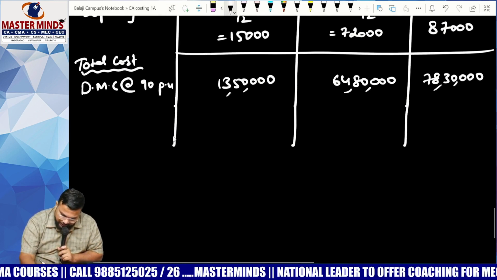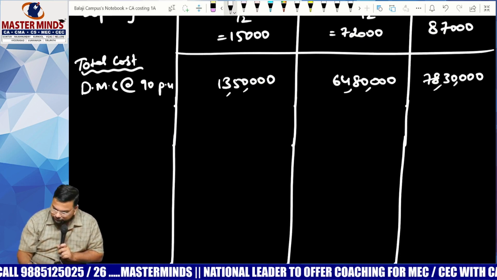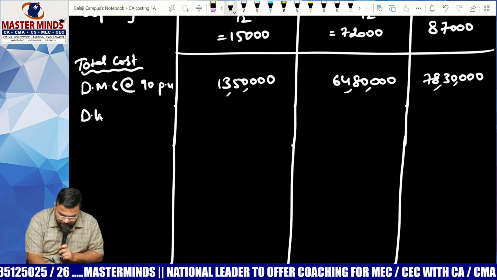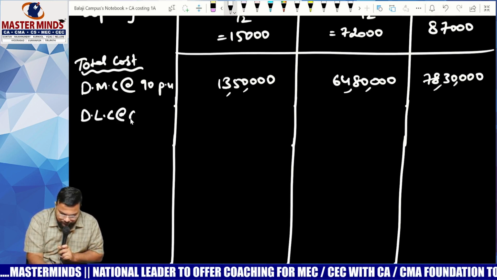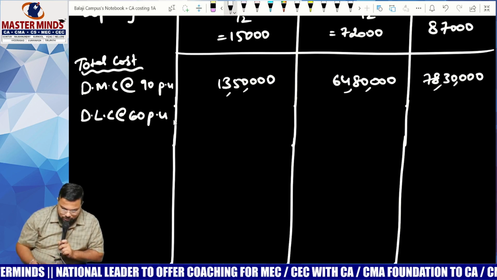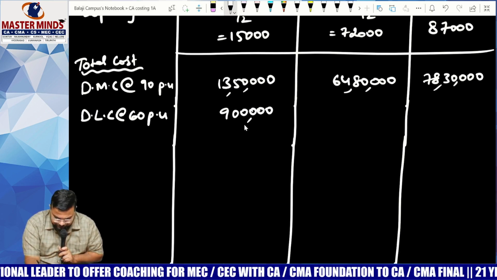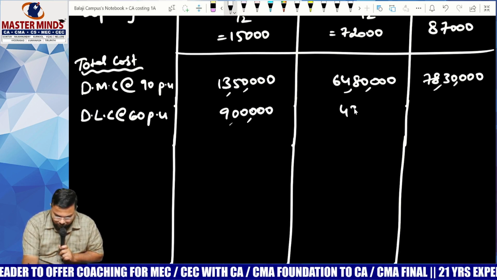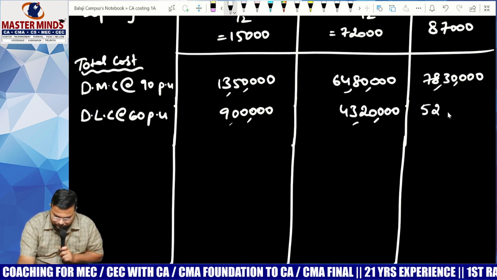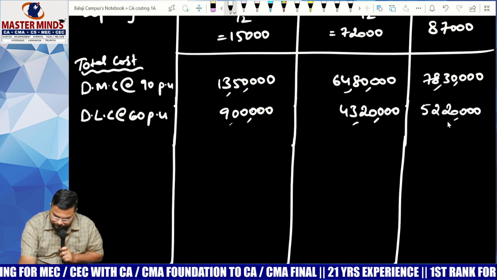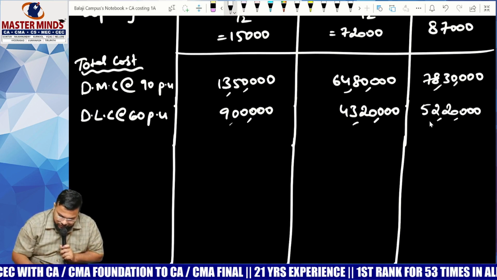Next, direct employee cost or direct labor cost at the rate of 60 rupees per unit. How much, Nana? 9 lakhs. Next, 43 lakh 20,000. Next, 52 lakh 20,000, Nana. Okay, if I add these two, you will get prime cost.